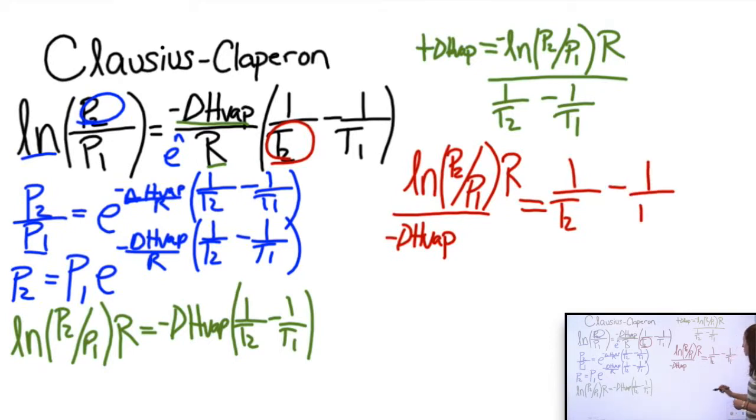So the next thing that you're going to want to do is get this 1 over T2 term by itself by simply adding 1 over T1 to both sides of the equation.